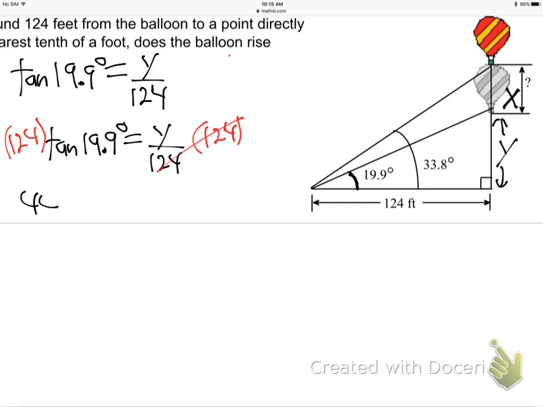I'm going to use a lot of accuracy because I'm still in the middle of the problem. I'm getting 44.8874, rounded to 4 places. So there's y.